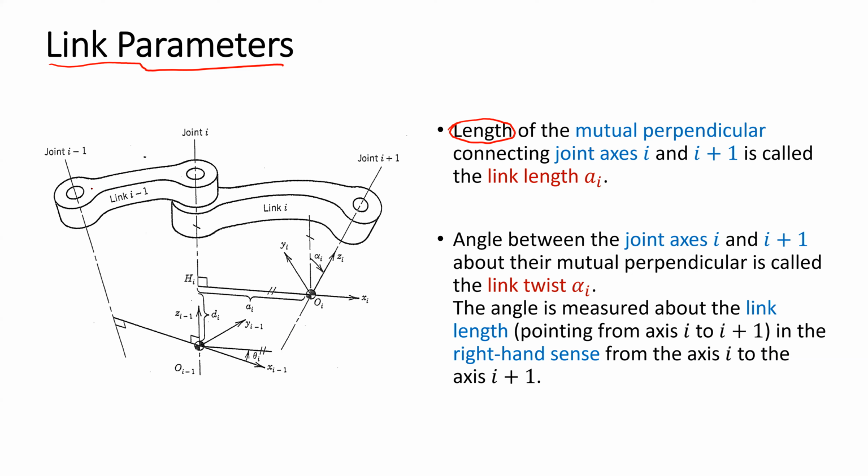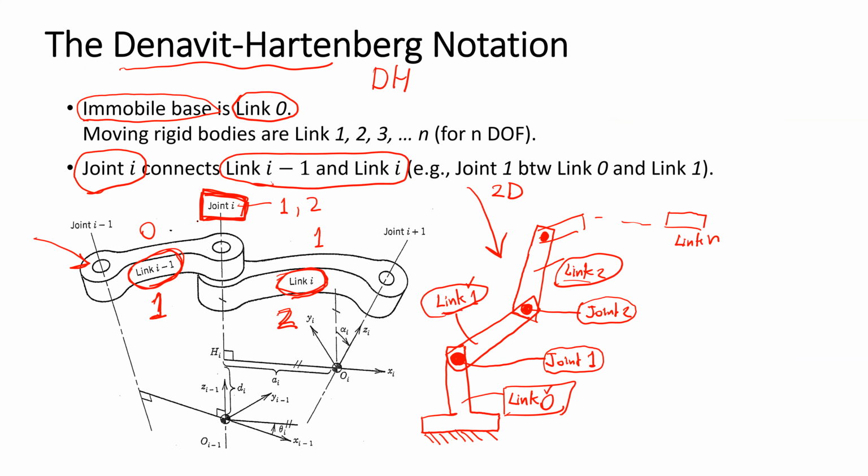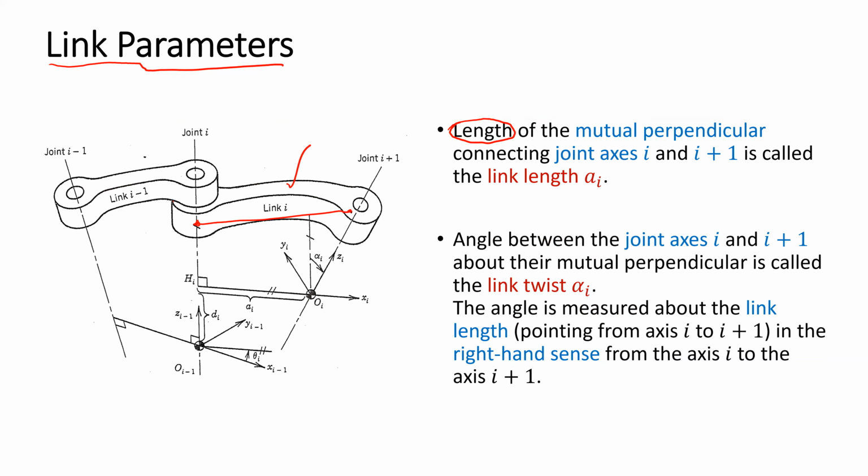If you build a robot, maybe you are building this part, the length of the link sometimes doesn't need to be the direction from here to here.